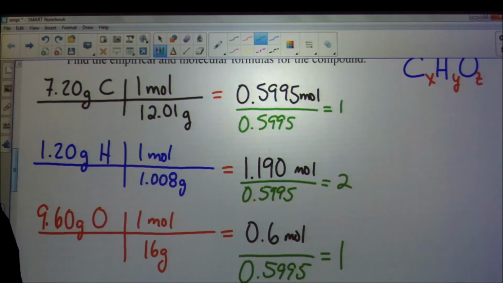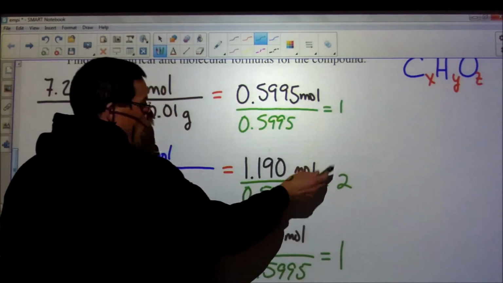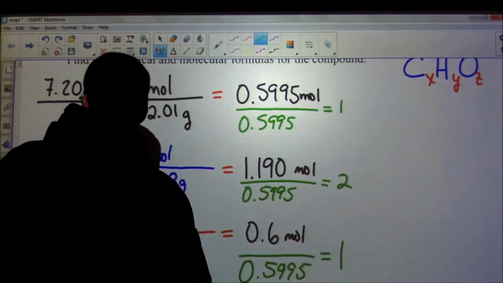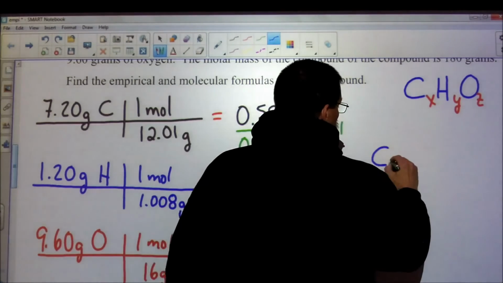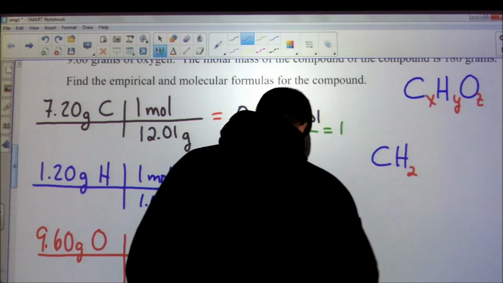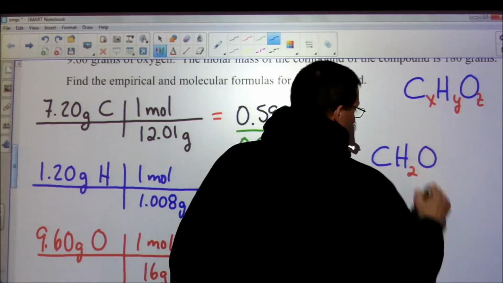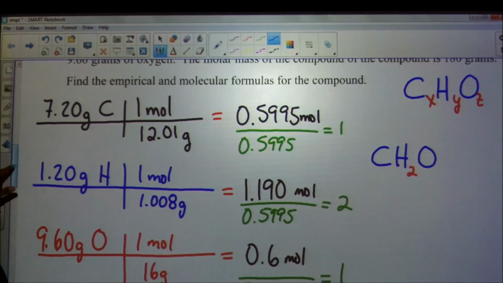Yeah, 1.98578. So here are our values. It's a 1 to 2 to 1 ratio. So for the empirical formula, we will have CH, let's go ahead and put a 2 in there, and there's your empirical formula for this carbon, hydrogen, oxygen compound.